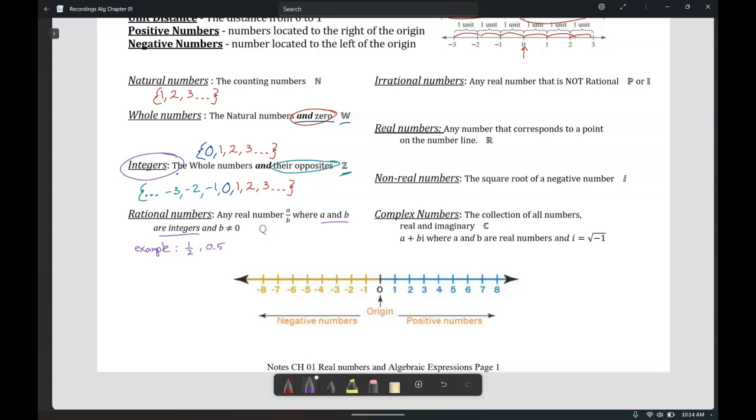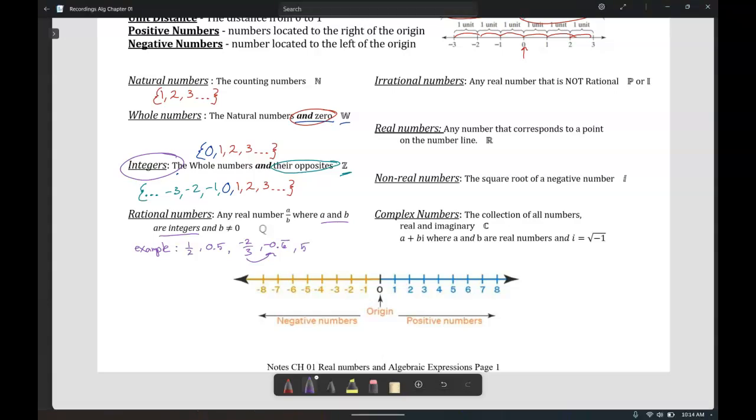I can write it as an integer A over B. One of the integers could be negative if we wanted, or both of them could be negative. We also have repeating decimals. That's something that's very important. So 0.6 repeated is actually the decimal equivalent of the fraction 2/3. If I take negative 2/3 and divide it, we get negative 0.6 repeating.